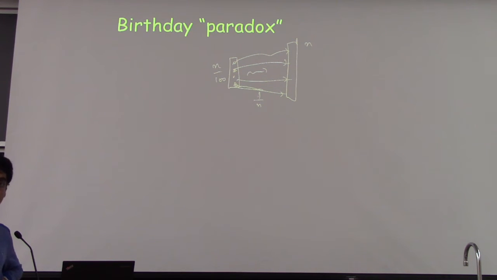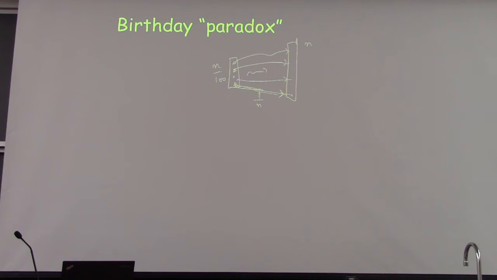So the number of balls that you throw in does not affect how you choose, it's just a constant you're multiplying with the probability, so it should be of the same order.